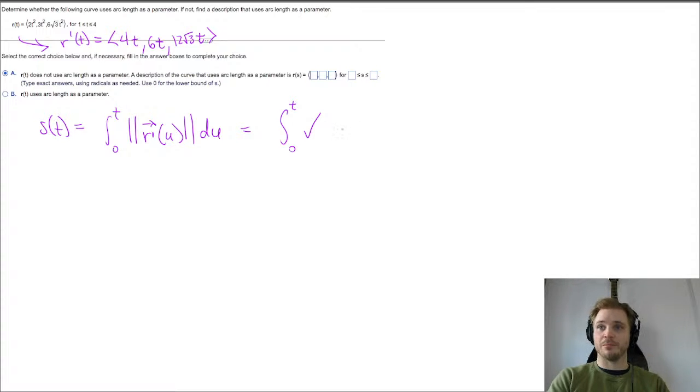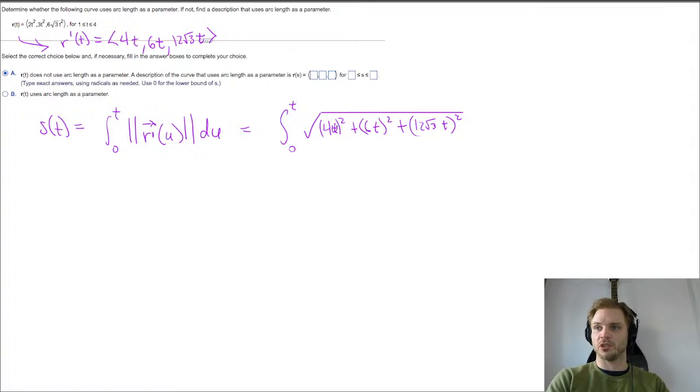And then we need the magnitude of R prime. So this is going to be the square root of 4t squared plus 6t squared plus 12 root 3t squared. And honestly, I should have kept the dummy variable in there.